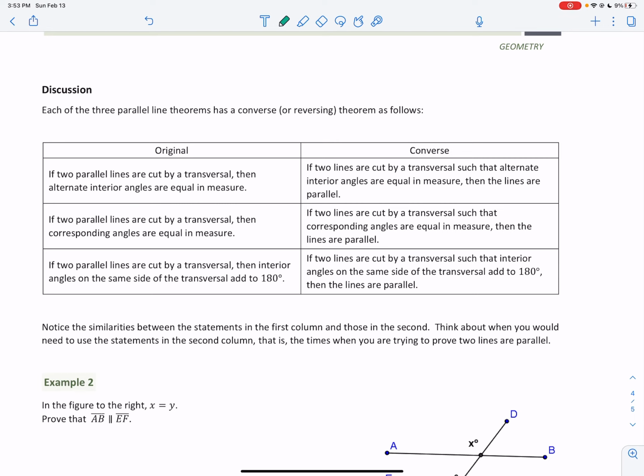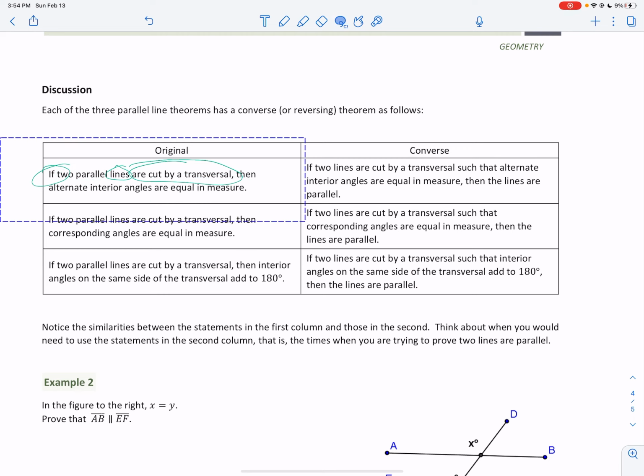It says if two lines are cut by a transversal, so we have not said anything about them being parallel. So if two lines are cut by a transversal, okay, such that the alternate angles are equal in measure, which is this part, then the lines are parallel.